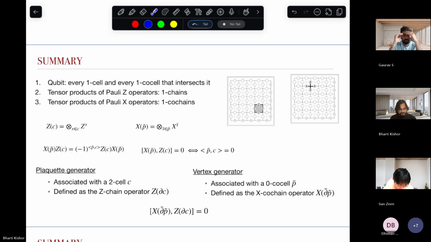And then plaquette generators are associated with a two cell C and defined as the Z chain operator Z delta C. So it starts with C, looks at its boundary, and then associates the corresponding Z operator. That's the plaquette generator. Similarly, you can define the vertex generator.